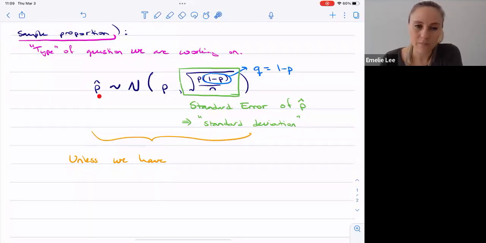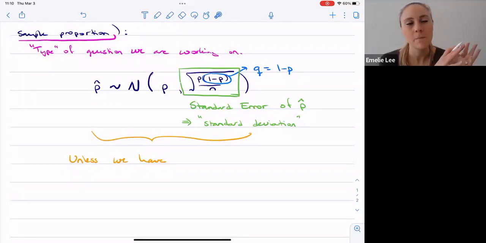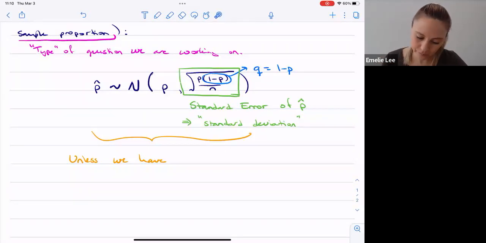So our goal is to avoid having to collect the entire population and figure out the population proportion. Our goal is instead to try to use what p hat gives us, the sample proportion. So we just want to use a sample proportion to try to figure out what the population proportion might be. And that is inference, right? Taking sample information and trying to figure out what that is in terms of the population.